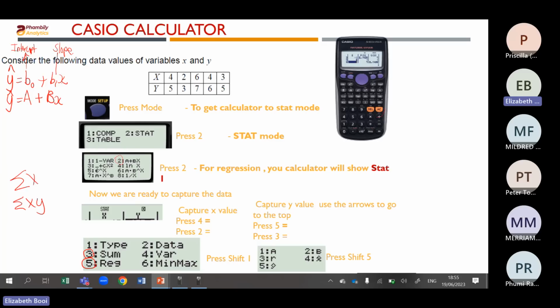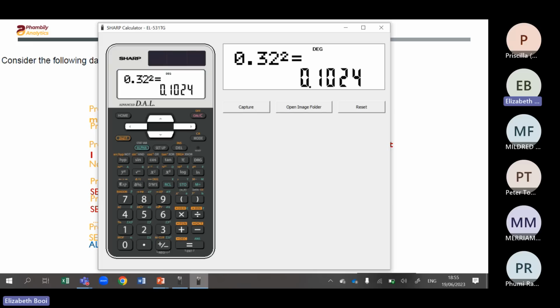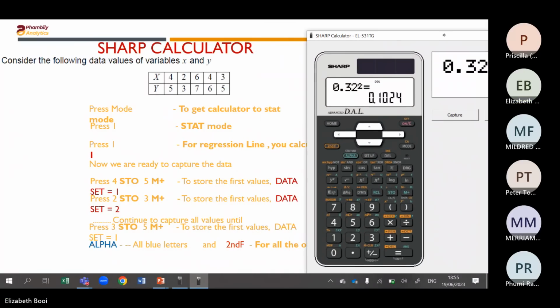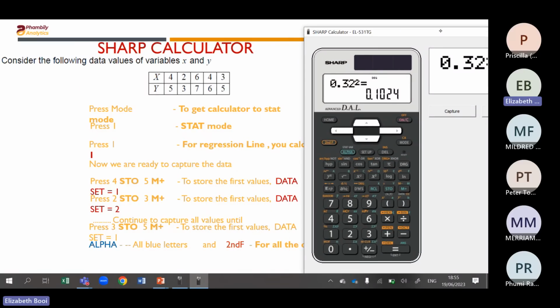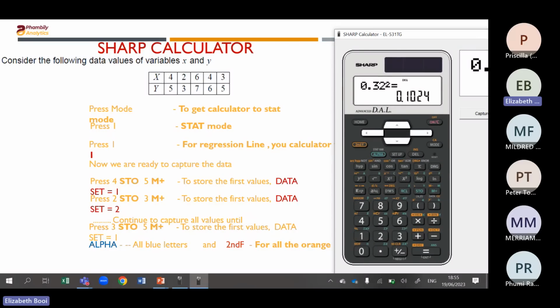Okay, I'm going to move to the next one, which is a Sharp calculator. Those who have a Sharp calculator, I do have a Sharp in front of me. I'm going to use it to follow the same instructions that are on here. We use the same data as that.